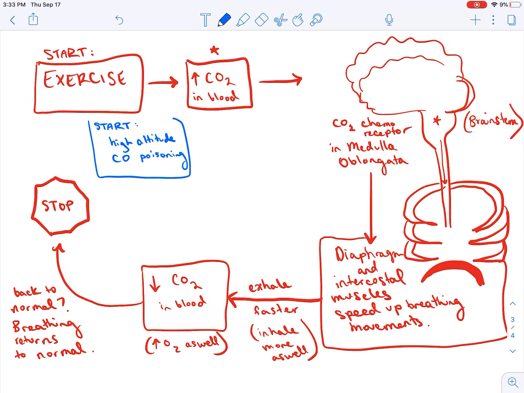But maybe your CO2 levels are normal, so this first pathway might not be triggered. So the starting point here is we could have decreased oxygen in the blood. And then this gets sensed first near the heart in your major blood vessels. So this is the aorta coming out of the top.